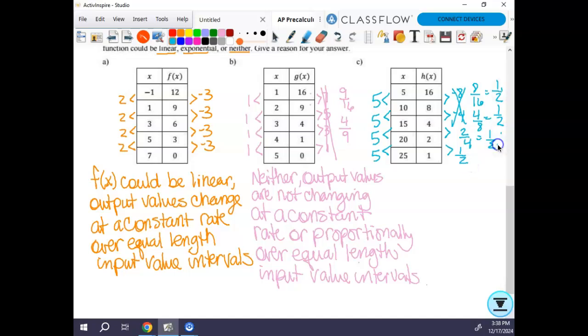Okay, so they are changing proportionally, which means h of x could be exponential.